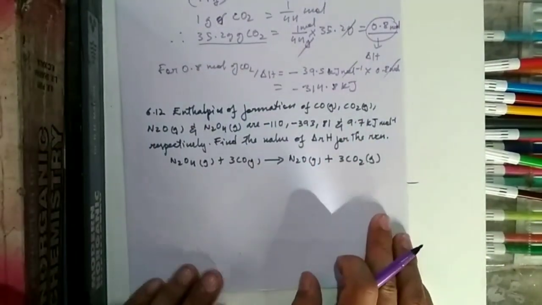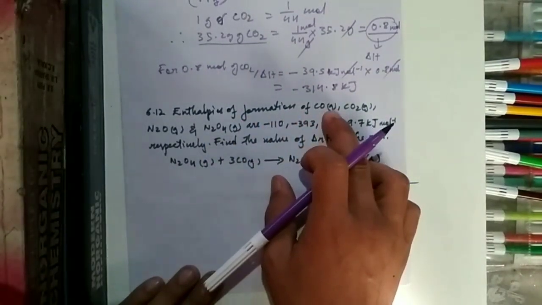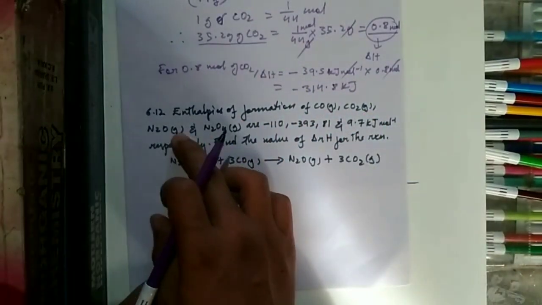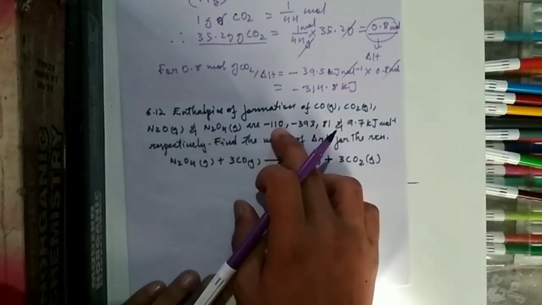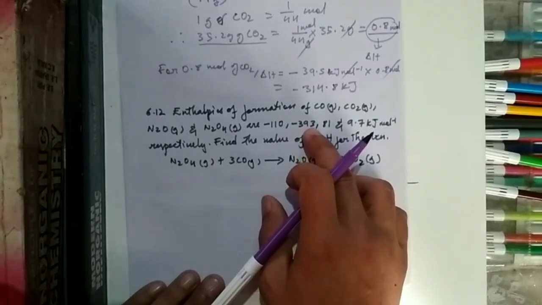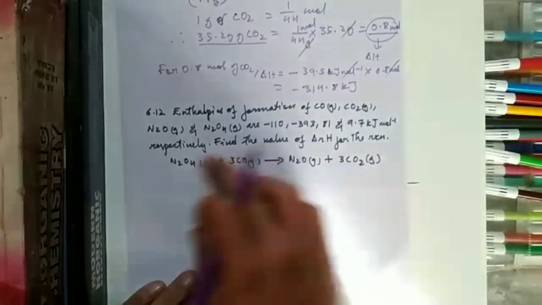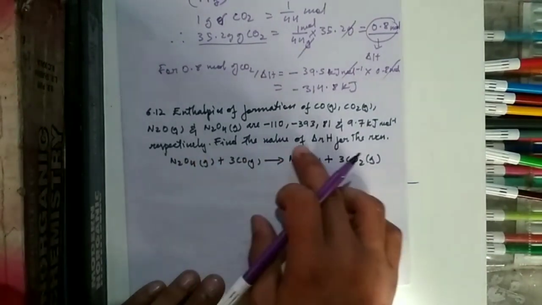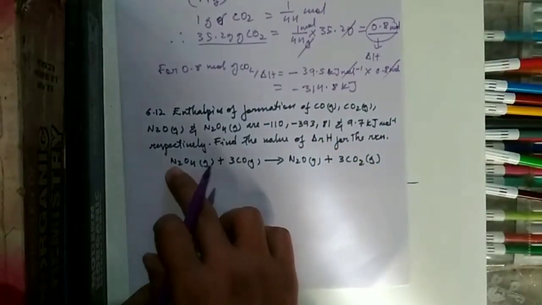Now let's take the next question. Enthalpies of formation of CO, N2O, and CO2 gas are minus 110, 81 and minus 393 kilojoule per mole, and N2O4 is 9.7 kilojoule per mole, respectively. Find the value of delta rH, that means enthalpy of reaction. The reaction is given.